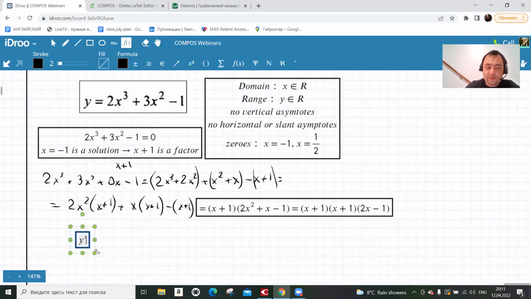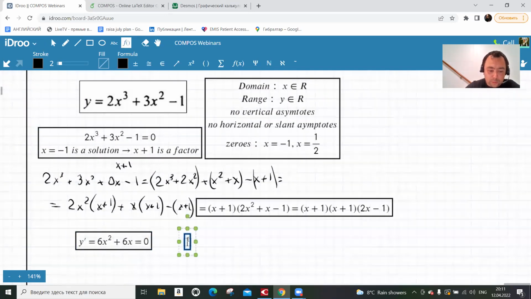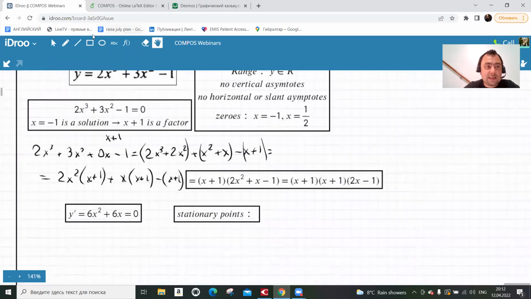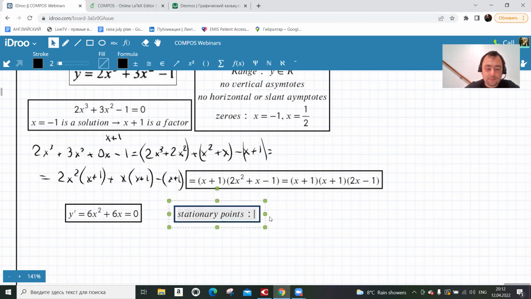So we find the first derivative is going to be 6x squared plus 6x, and this is equal to 0 when x, so stationary points, so if you solve this equation, x is either 0 or x is -1.